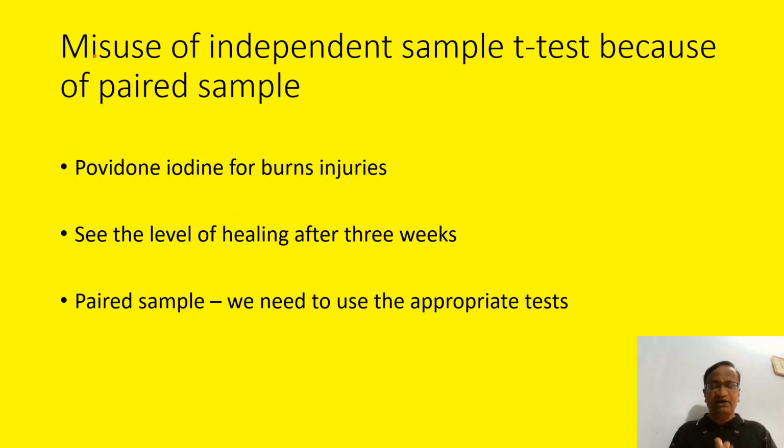For example, for burn injuries, instead of silver ointment you use povidone iodine on the same patients and see the healing after 3 weeks. Then you have to use a paired sample. Now you have 50 patients, 25 you use povidone, 25 you use silver, then it becomes an unpaired sample. You see the level of healing after 3 weeks. Unless you use the correct t-test, you are likely to be wrong in result interpretation.